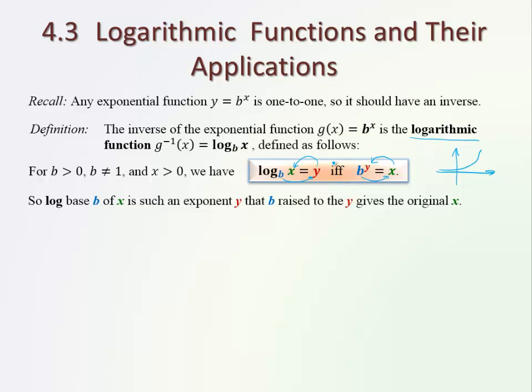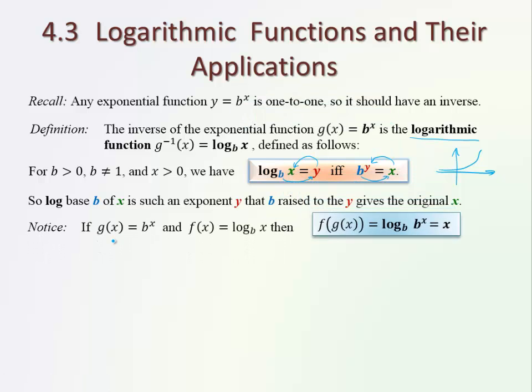So here we have an if and only if statement, and we need to be able to fluently convert from the logarithmic form to the exponential form, or from exponential to logarithmic. So here we have again the explanation that log with base b of x is such an exponent y that b raised to the y gives the original x.